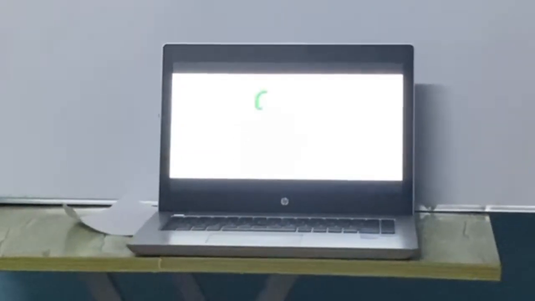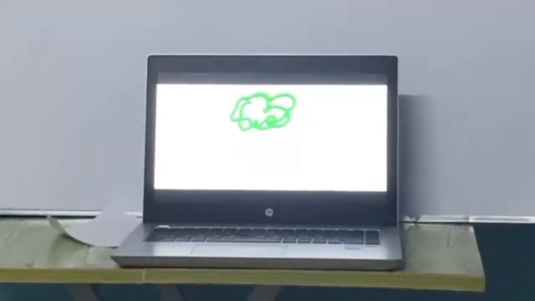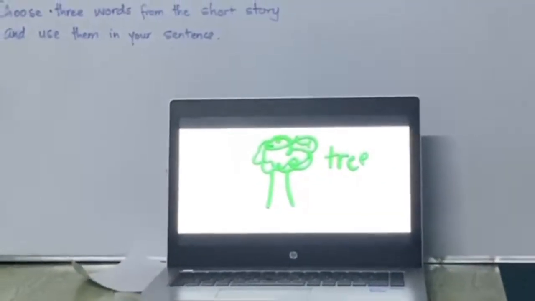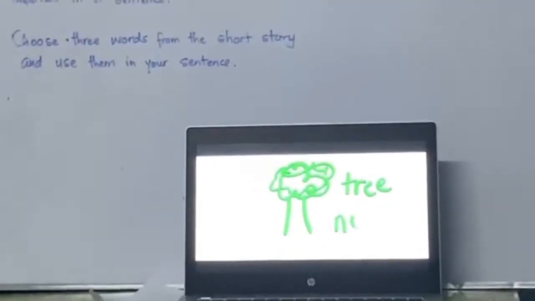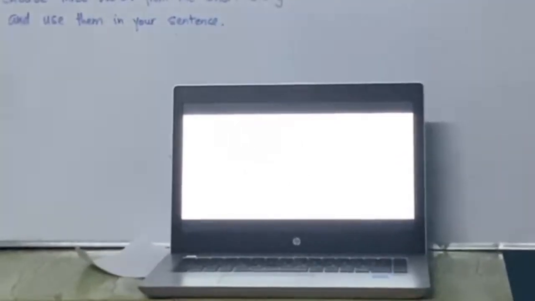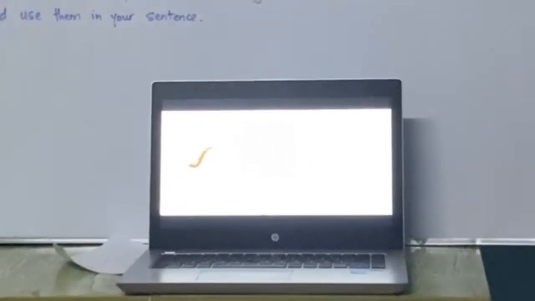We have tree. The word tree means this thing here, and it makes it a noun. Or let's say you had a worm. There's worm.